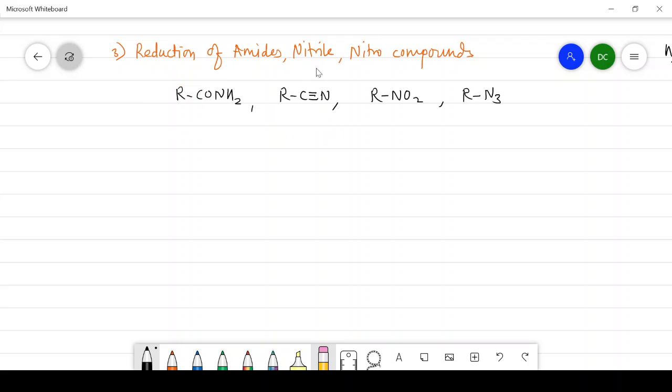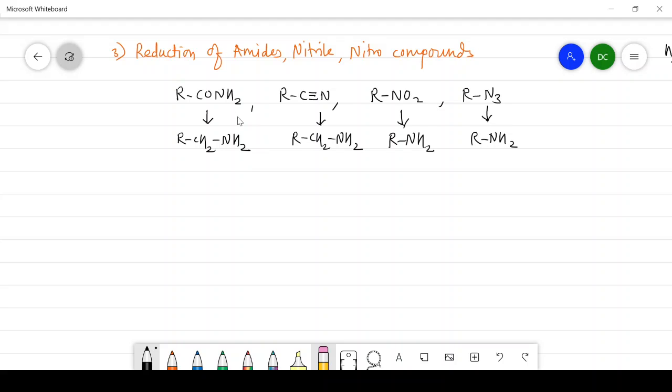The functional groups contain nitrogen, and all these compounds will be converted into an amino group. That is, suppose RCONH2 is there, then it will give RCH2NH2. Then RNO2 is also converted into RNH2, and here also we get RNH2.